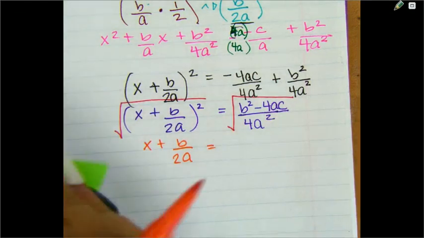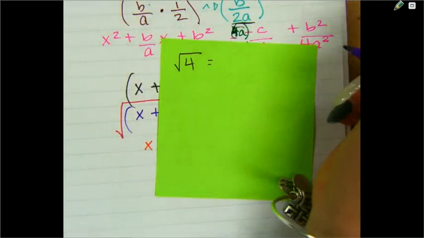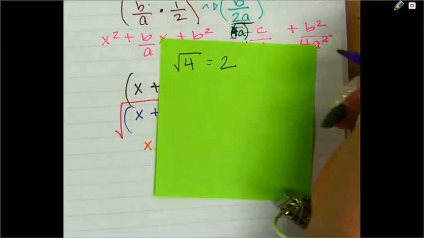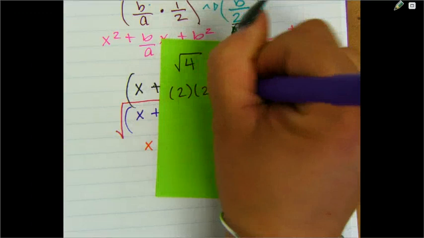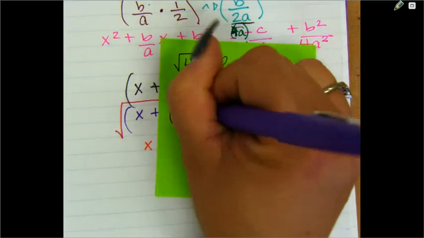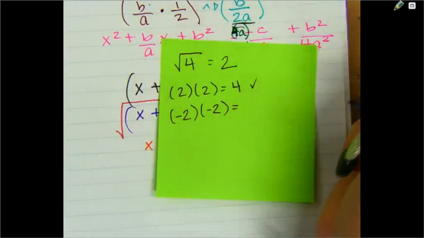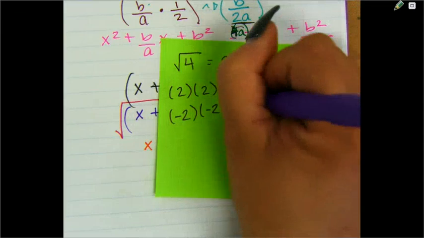On the side, go to your margin, because this is something new you probably haven't seen. What is the square root of 4? Because 2 times 2 is what? 4. Yes? Question, what's negative 2 times negative 2? Positive 4. Oh, wait.